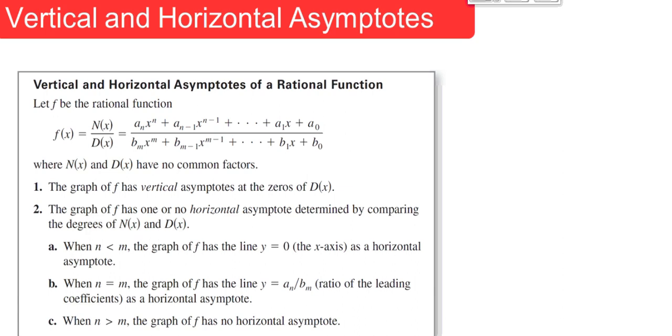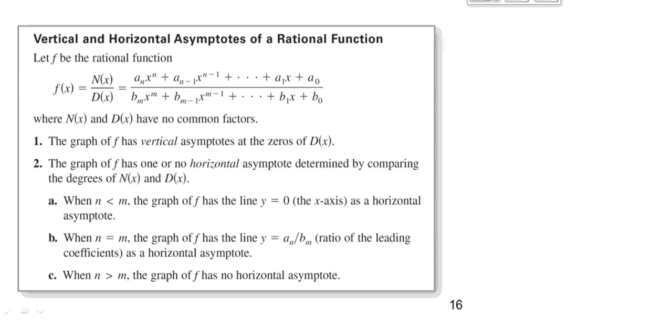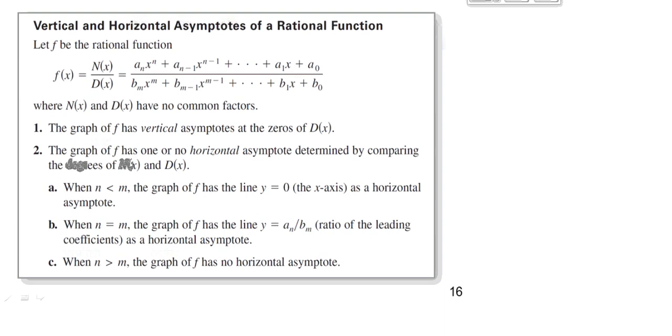And then we need to know how to find these vertical and horizontal asymptotes. This is a lot more complicated looking than it is in practice, but we'll go over it. You should write this information in your notes. If you can't right now, it will be on the YOLA site.